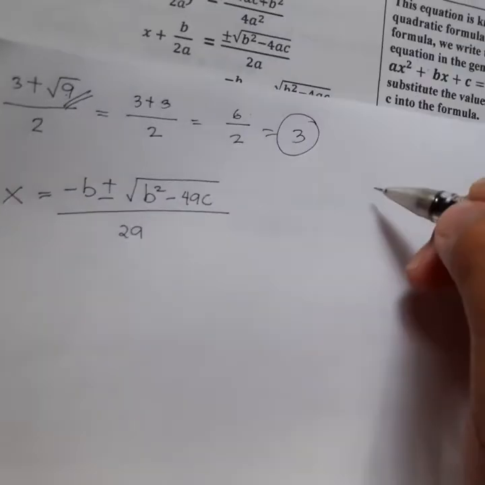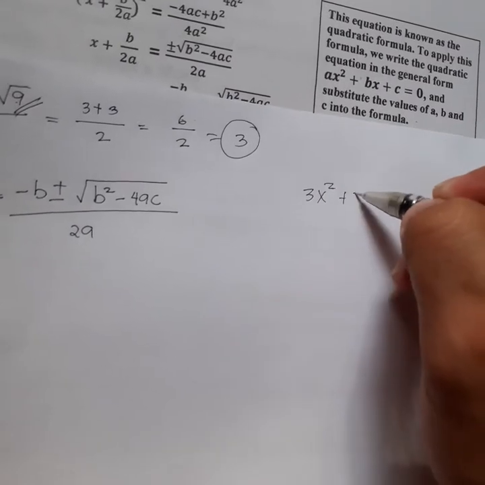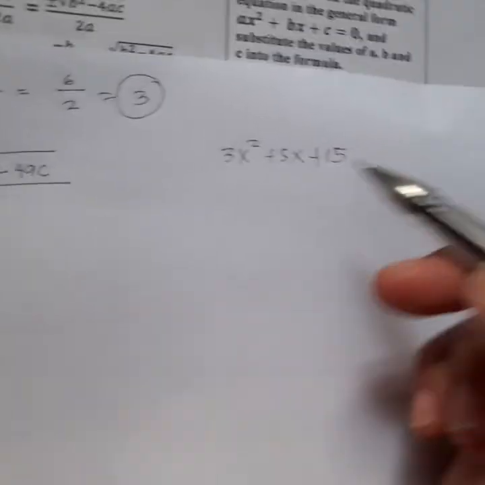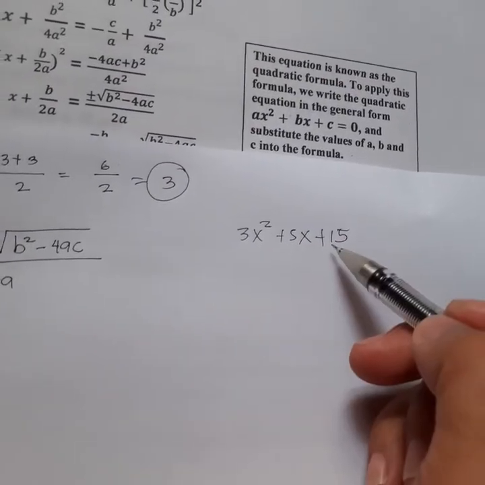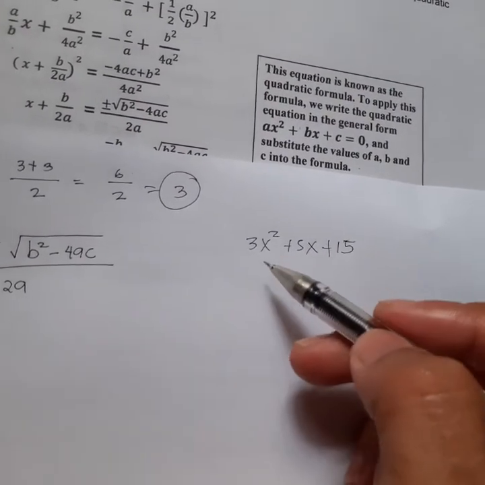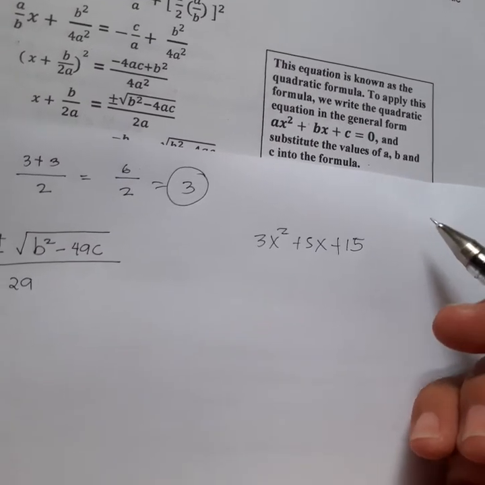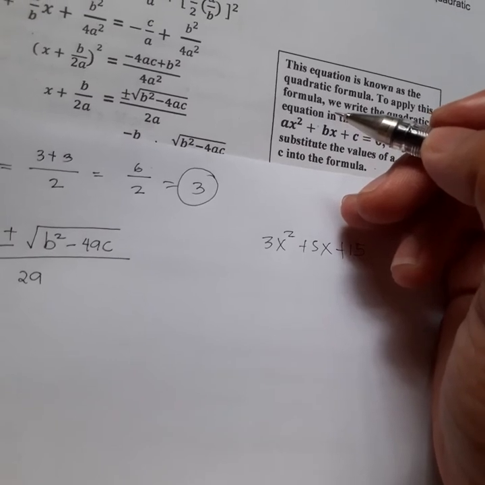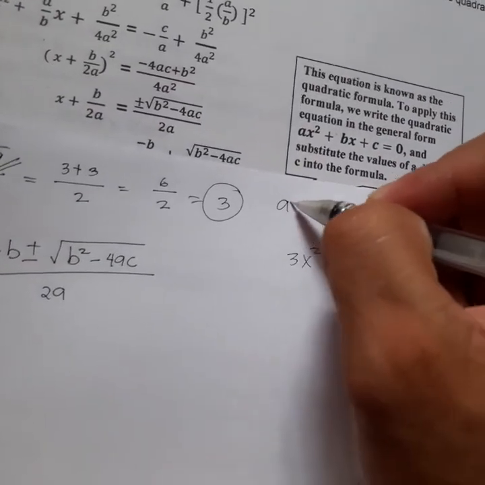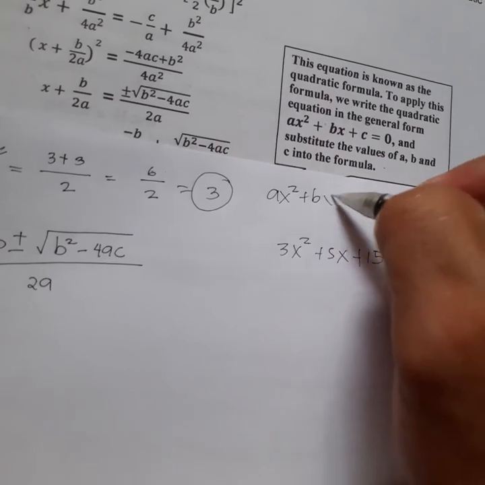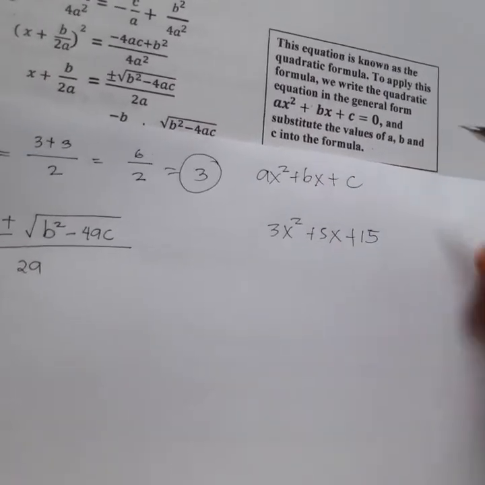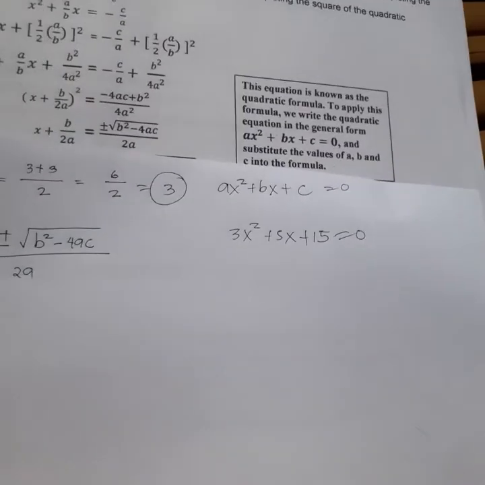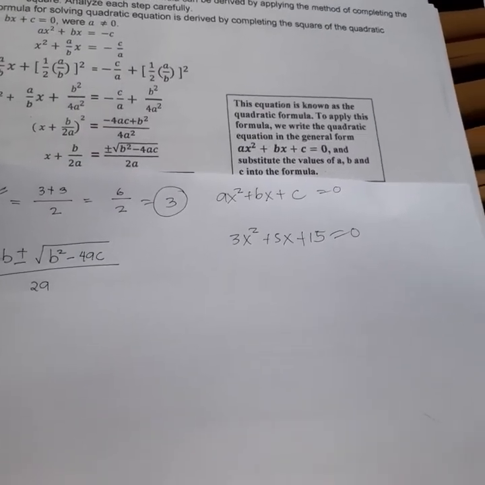Example, we have 3x squared plus 5x plus 15, a quadratic equation. Where is a, where is b, and where is c? We know that the standard form of a quadratic equation is ax squared plus bx plus c equals 0, where a is not equal to 0.